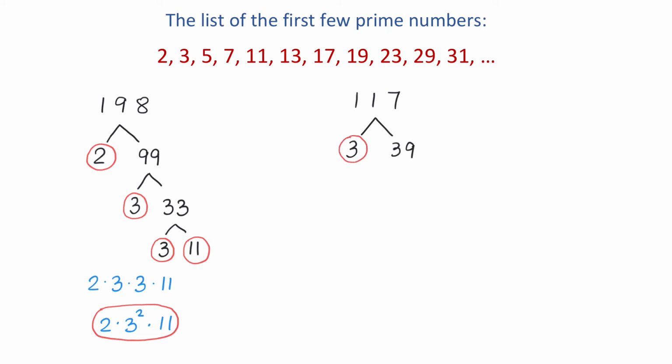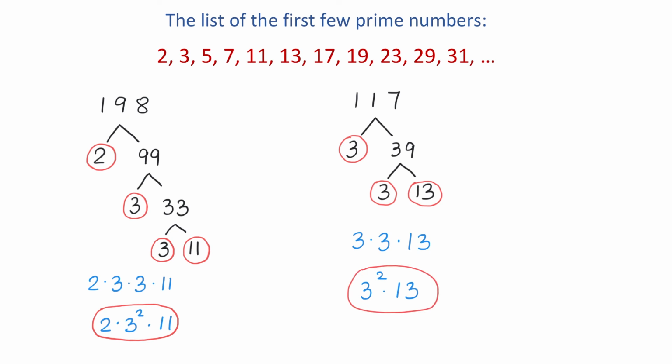Now 39 is also divisible by 3, and 39 divided by 3 is 13. And both 3 and 13 are prime numbers. Therefore, the prime factorization of 117 is 3 times 3 times 13, or 3 squared times 13.